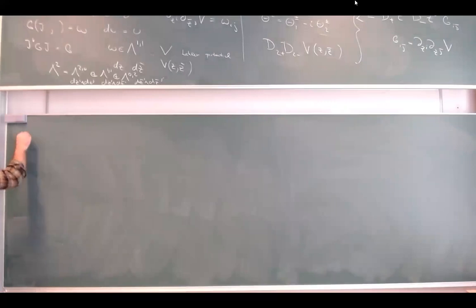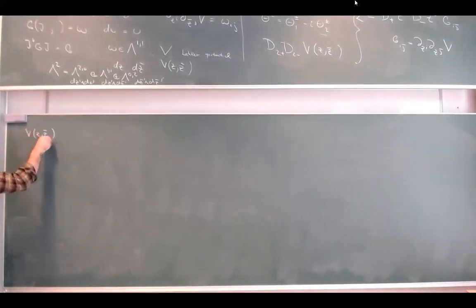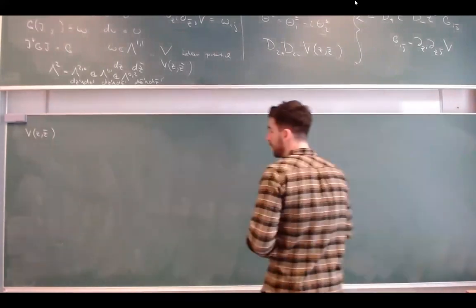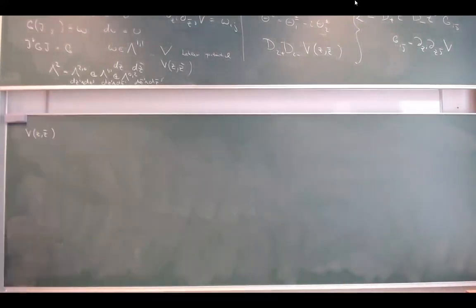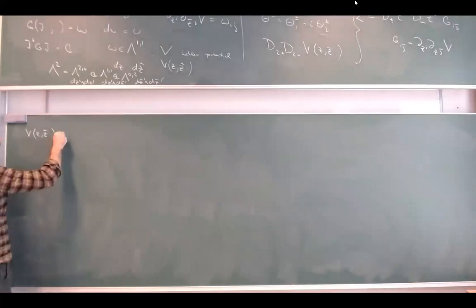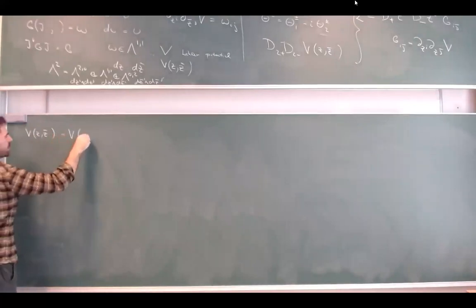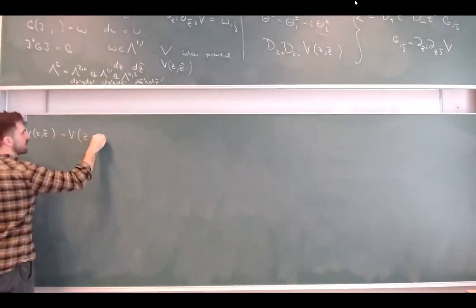So I start with the potential here, and I will actually have it in a very special form, which reflects the presence of isometries. So this will be a restricted type of model where the dependence on Z and Z bar is just via this combination of Z and Z bar.